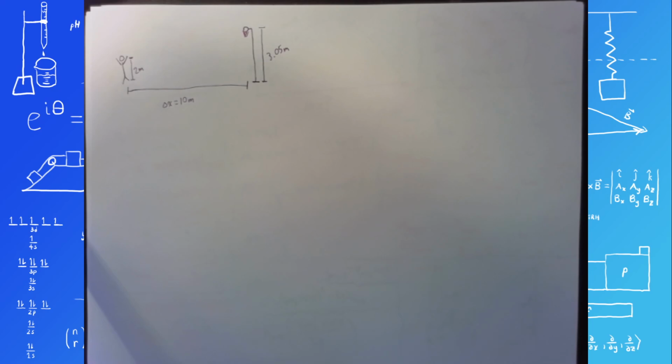So 2-meter tall basketball player standing on the floor 10 meters from the basket, as in the figure. If he shoots the ball at a 40-degree angle with the horizontal, at what initial speed must he throw the basketball so that it goes through the hoop without striking the backboard? The height of the basket is 3.05 meters, and of course we can assume, as we have been assuming, that air resistance is negligible.